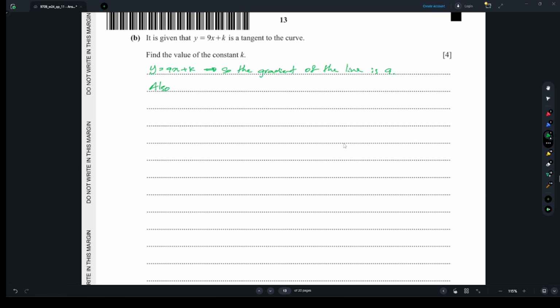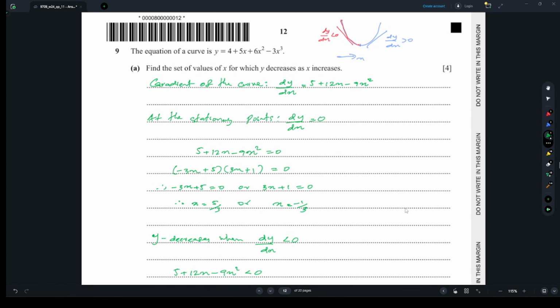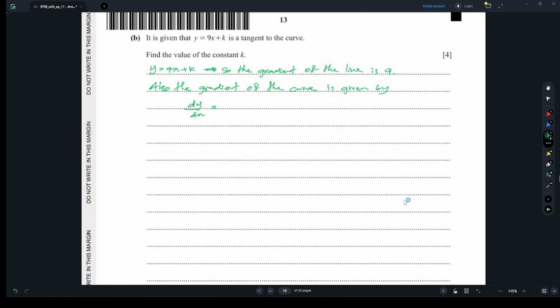So also the gradient of the curve is given by dy over dx equals, what was it? 5 plus 12x minus 9x squared. This is the gradient, and we know that that value is 9.